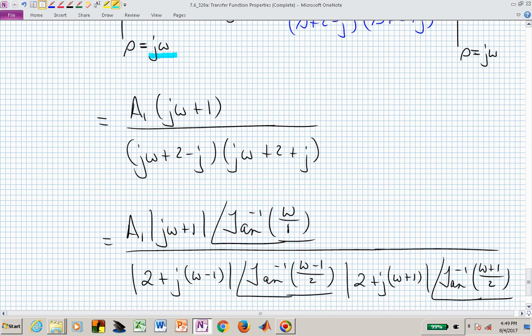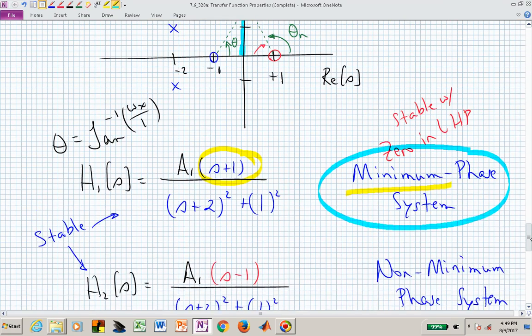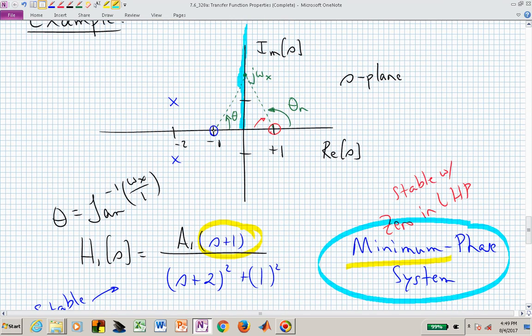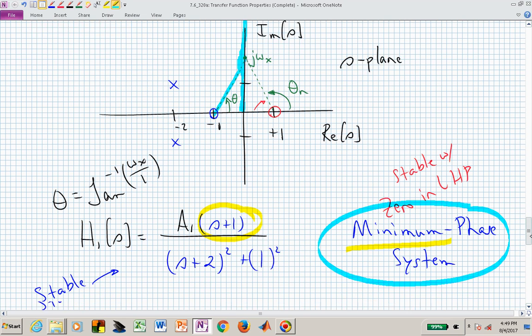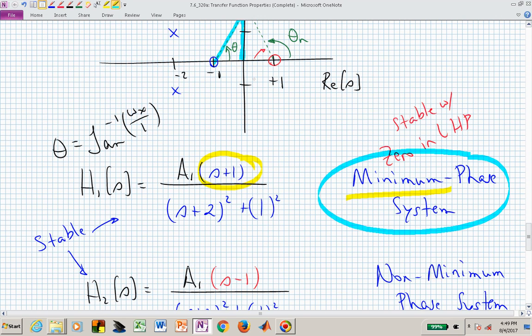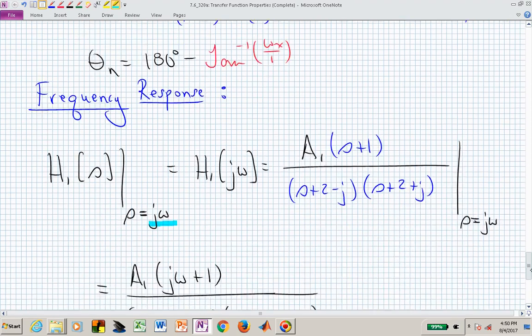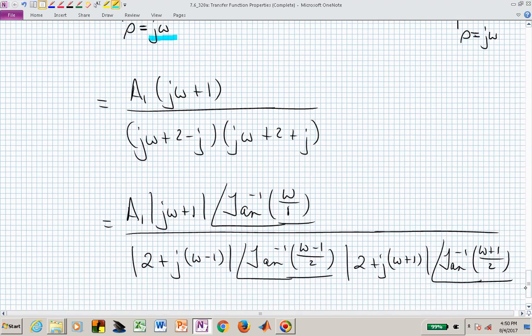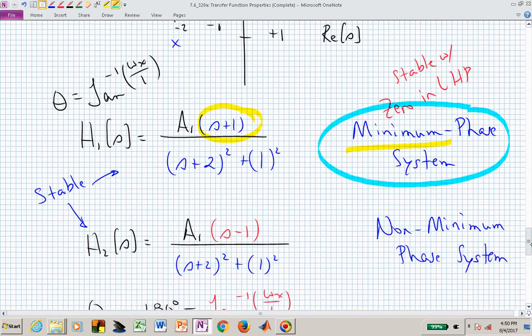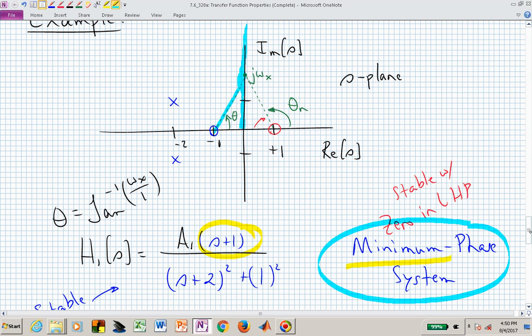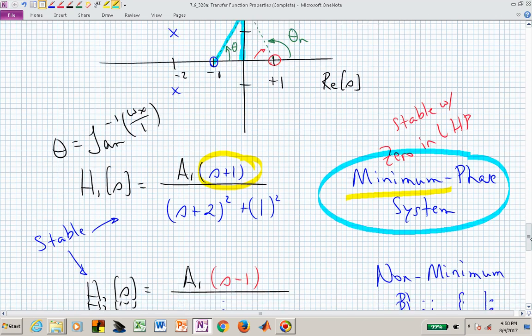It's the hypotenuse of that particular factor, the length of that line: the real part squared plus the imaginary part squared, square rooted. That's now the magnitude of j omega plus 1. The angle is the angle that has a tangent of omega, the vertical distance over the horizontal distance, omega over 1.